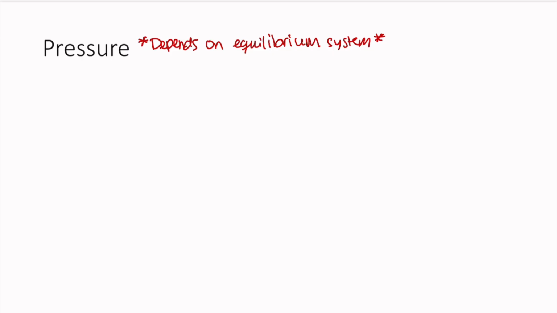So you can't just say, like, products and reactants. If I increase the reactants, it's always going to do this. If I increase products, it's always going to do this. You have to look at the individual system.